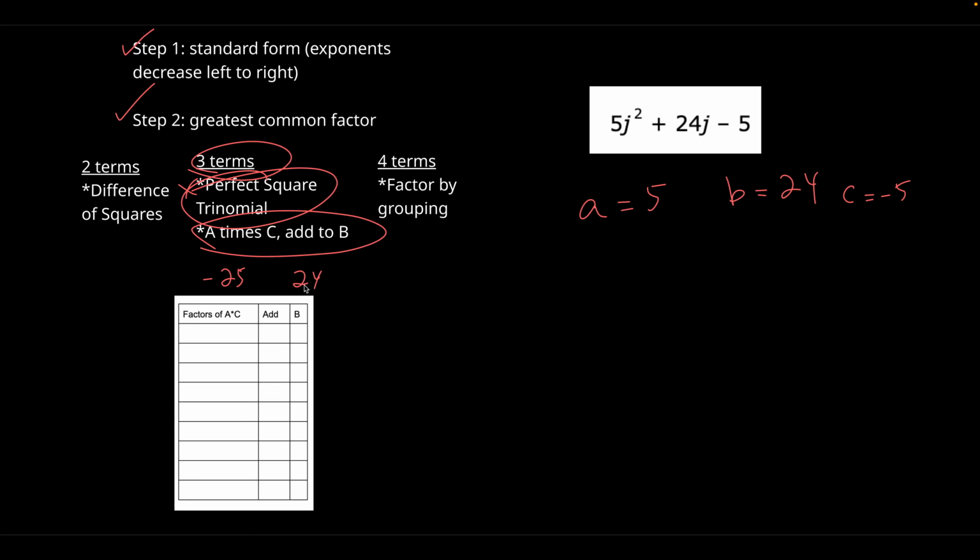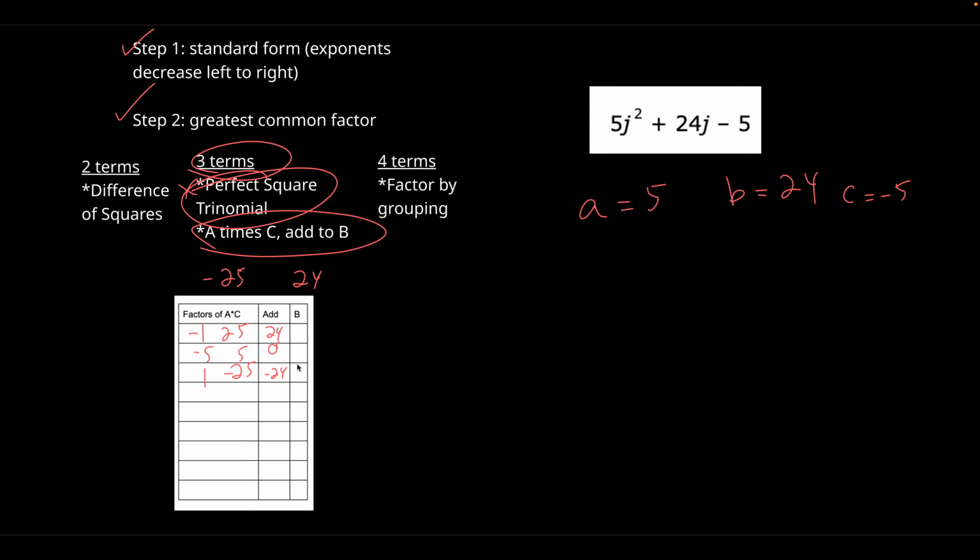So what times what gives me negative 25? 1 and 25, 5 and 5. They need to multiply to give me negative 25, so that would be negative 1 times positive 25. And also I skipped a pair, because you could also do positive 1 and negative 25. And then here, negative 5, positive 5. When I add up these numbers, this one gives me 24, 0, negative 24.